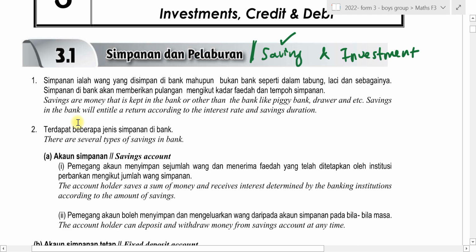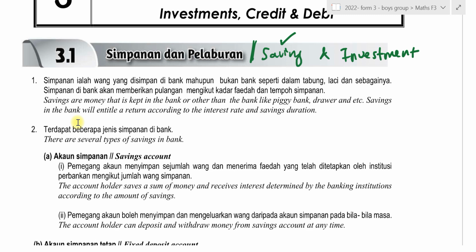What are savings? Let's go through a few theoretical things a little bit. Savings are money that is kept in the bank or other than bank, like a piggy bank, drawer, etc. Anywhere you save the money is called savings.